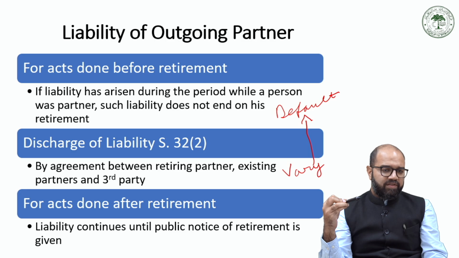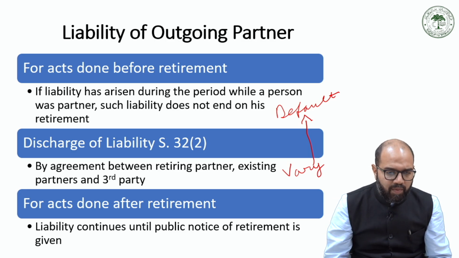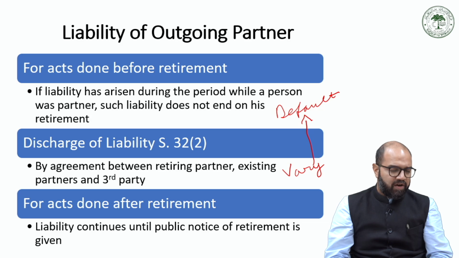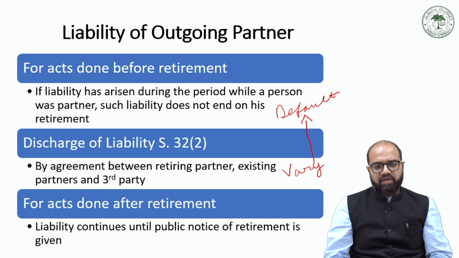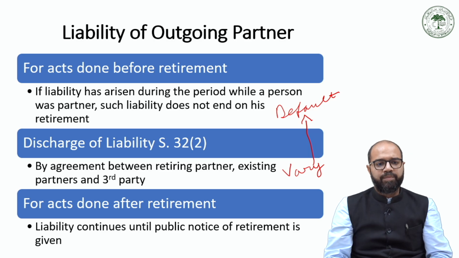In that case, generally the partner is required to give a notice that he has exited the partnership firm or has retired and is no longer a partner. So he is required to give a notice under section 72, which is called a public notice, which we shall discuss in the next slide.